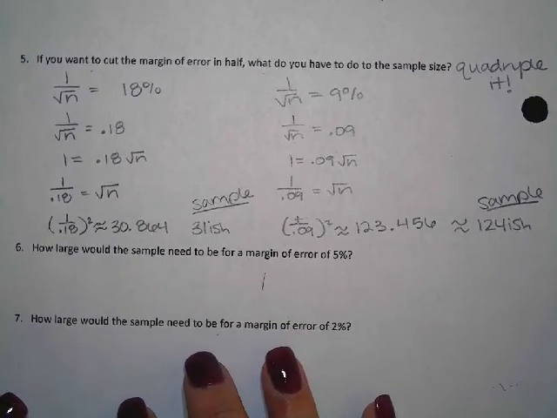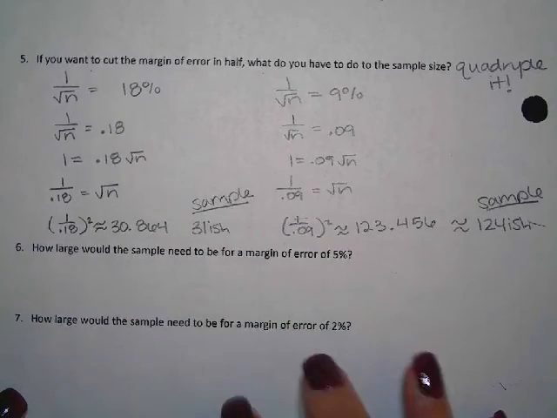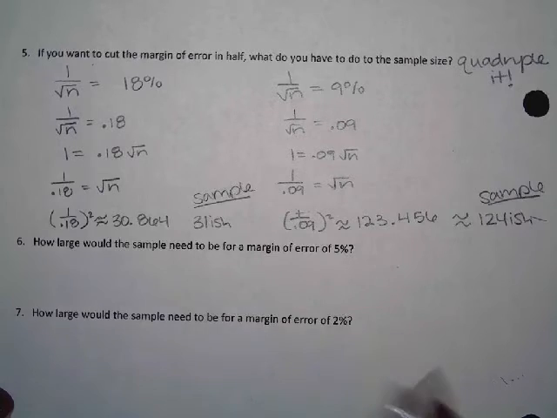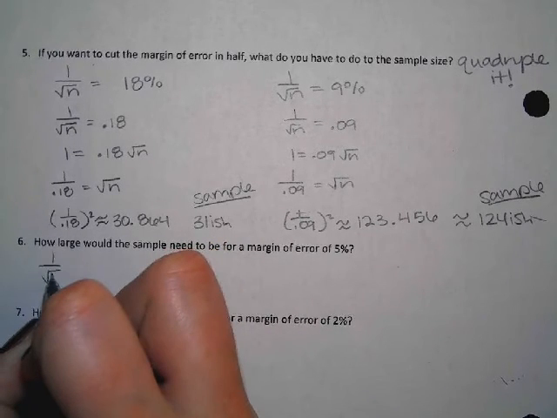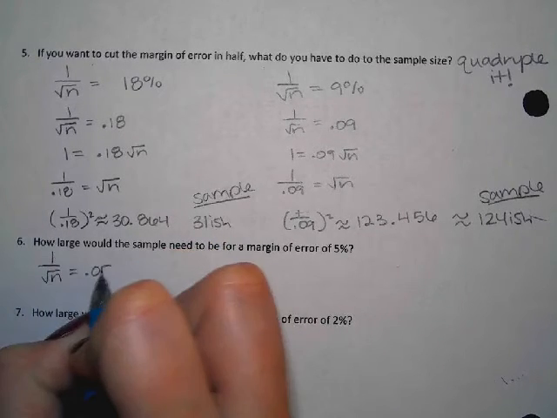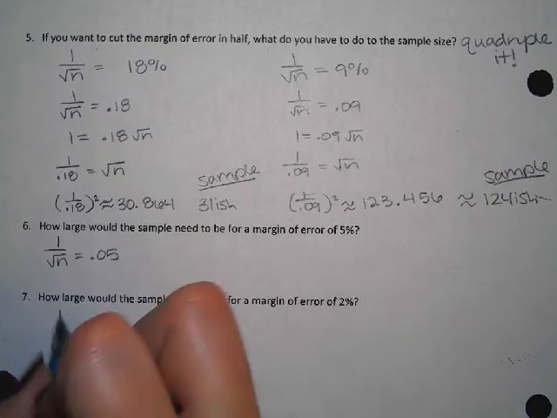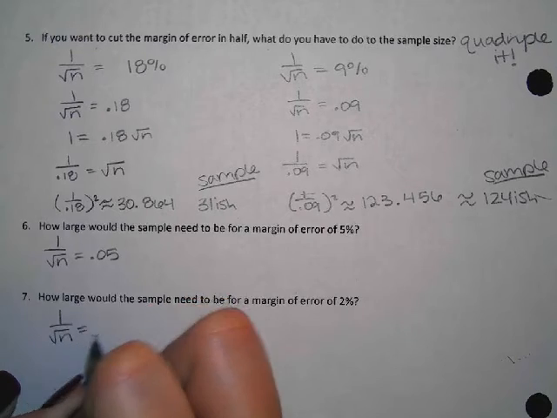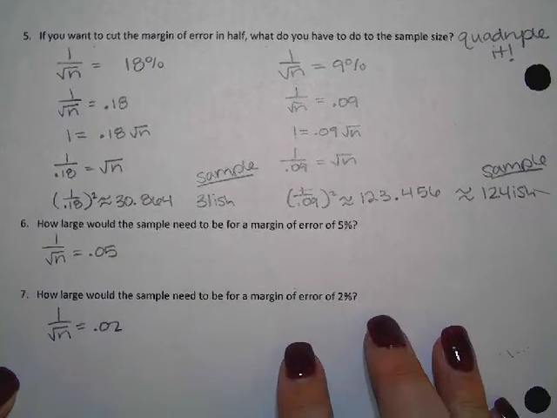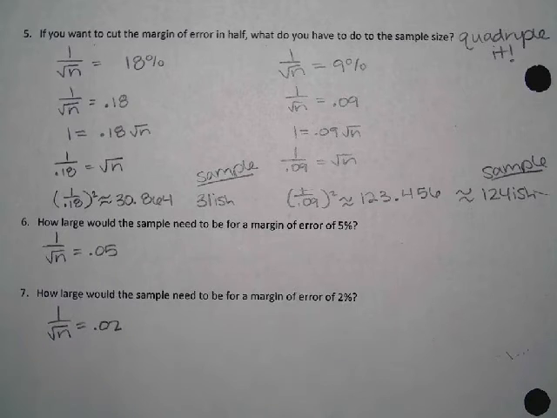Okay, so how large would the sample need to be for a margin of error of 5%? What do we do? Yeah, the same thing we just did. 1 over square root n equals 0.05. How large of a sample would we need for 2%? 1 over square root n equals 0.02. Do we need to show all our steps, or can we jump to the end?